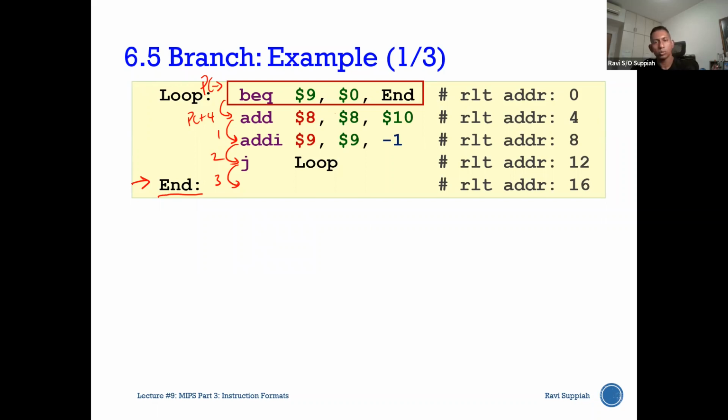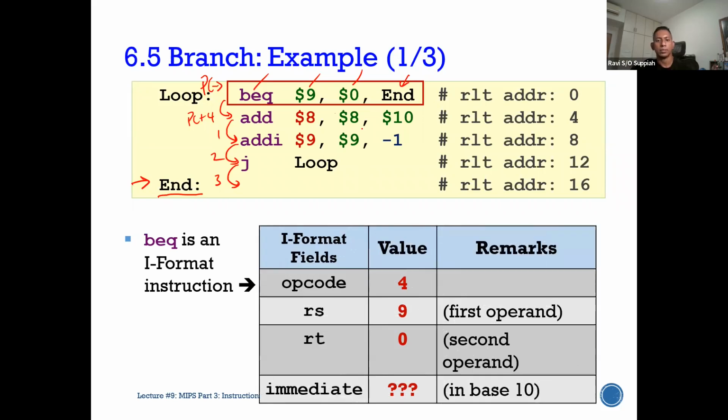I just need to know what is the opcode for BEQ. I need to encode 0 and 9, which is the RS and RT. And finally, the immediate value, which is based on the number of lines that I'm away from PC+4. That is basically how you need to calculate this.